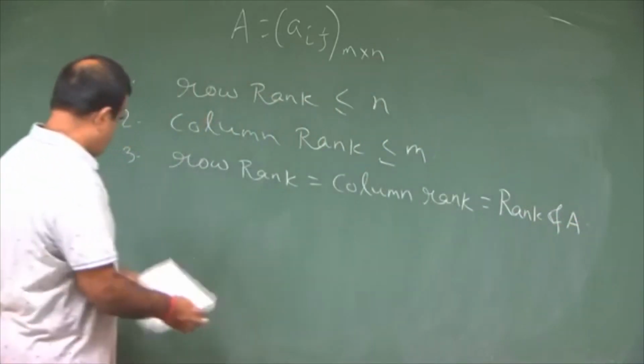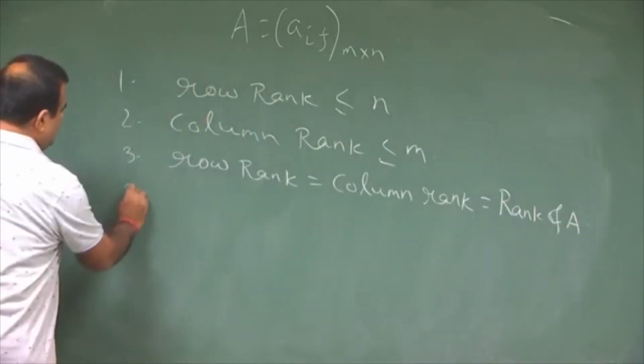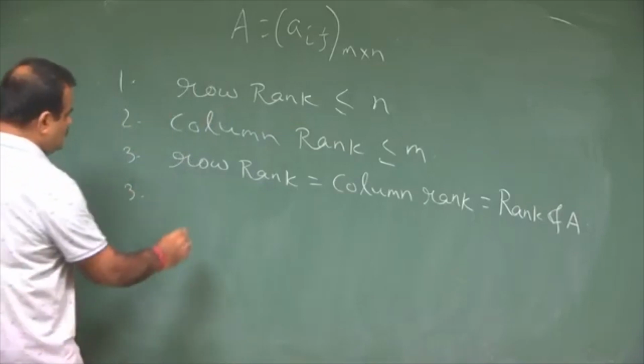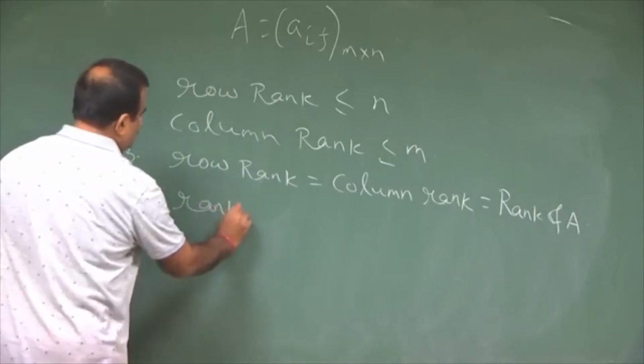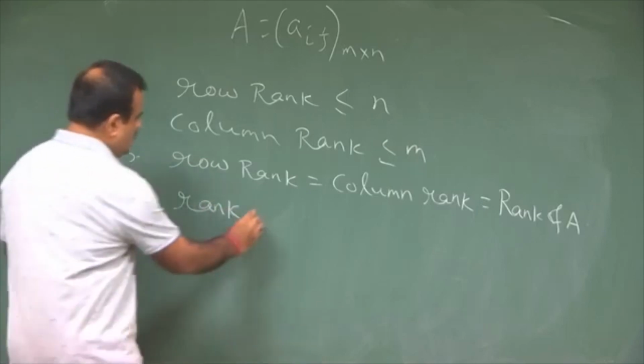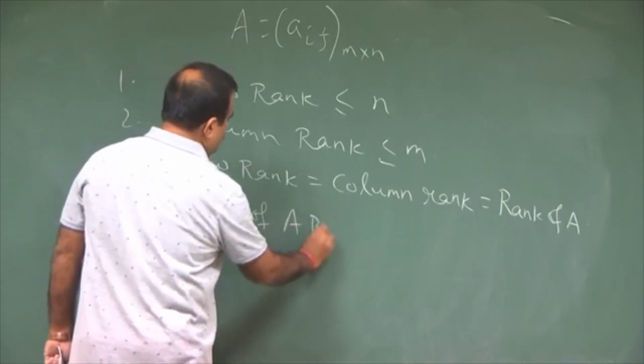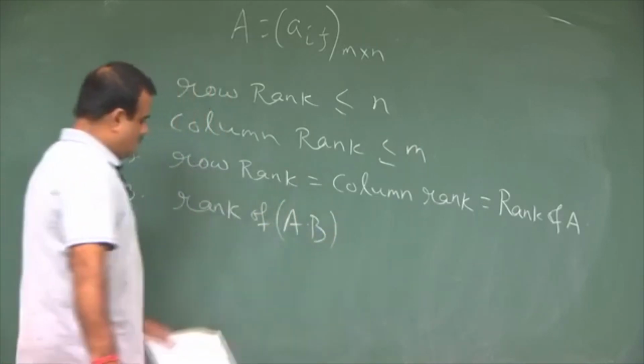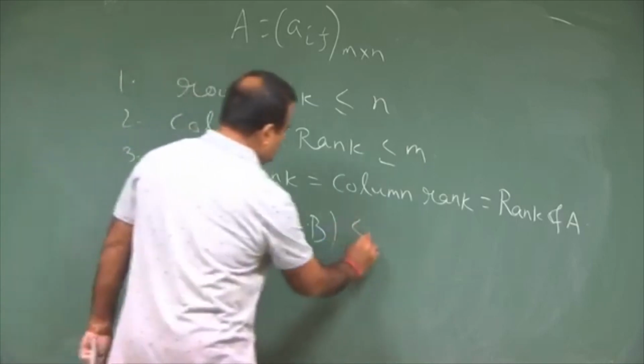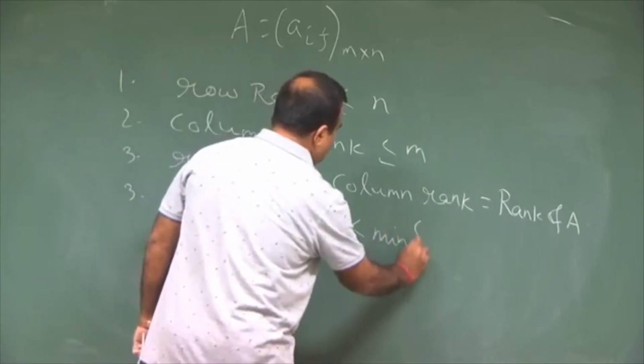This we can also prove. And then the product of matrices. If we have two matrices A and B, the rank of their product AB is less than or equal to the minimum of the ranks of both.